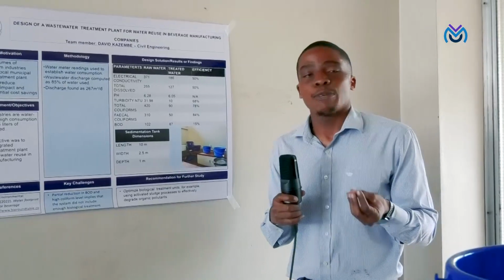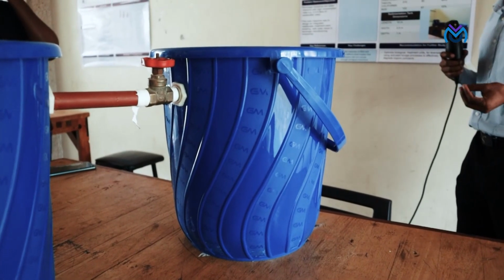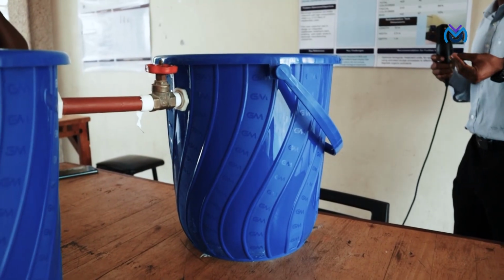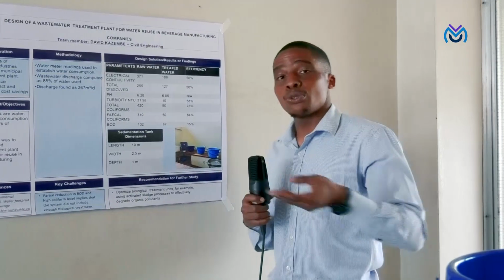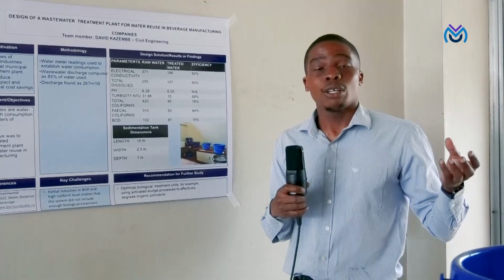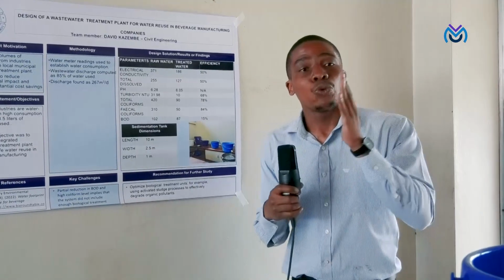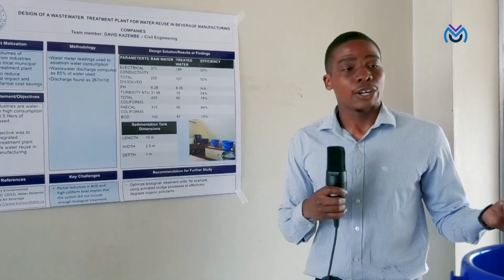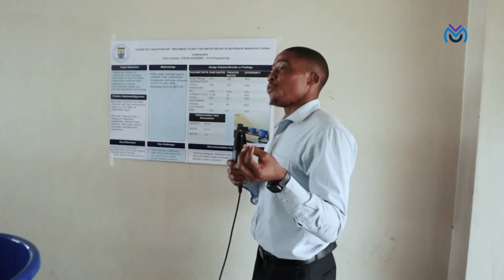The filtration unit, what it does is it absorbs some of the sediments in the wastewater. For example, in this case, Chibuku, it has a lot of grains, sediments. So as the water is going through the filtration tanks, in this case, we used aggregate stones. For the aggregate stones, we used between 20 to 2 millimeters in aggregate size. The first container has aggregate size of 20 millimeters.